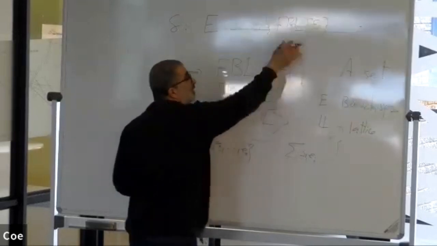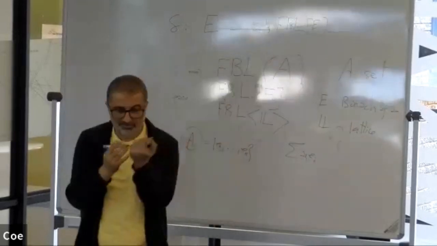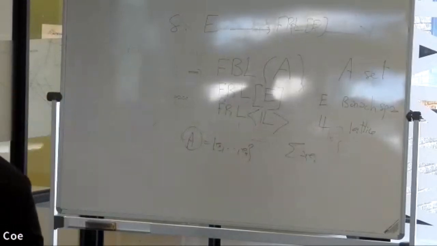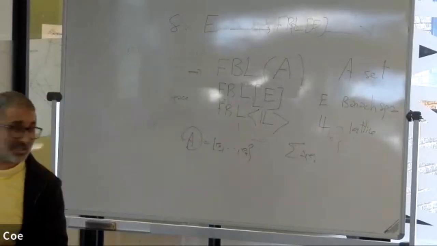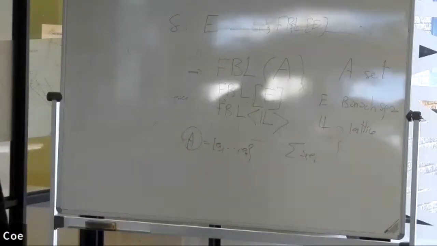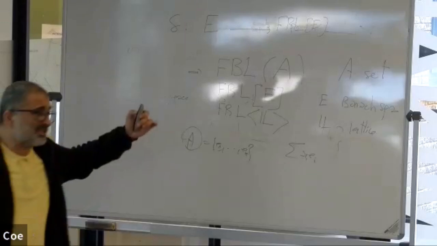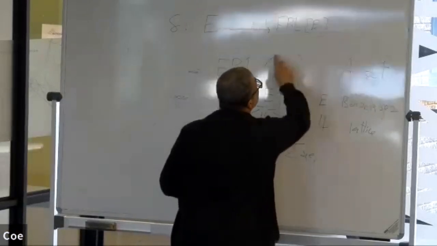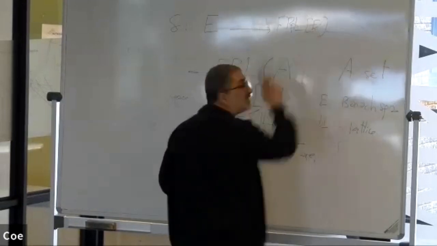We have a copy of E in this big space. Here I use the letter W for the free Banach lattice, but the usual notation is free Banach lattice generated by E.